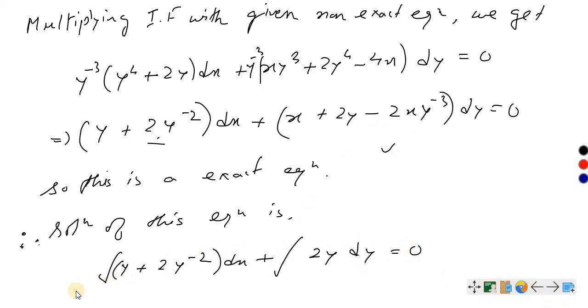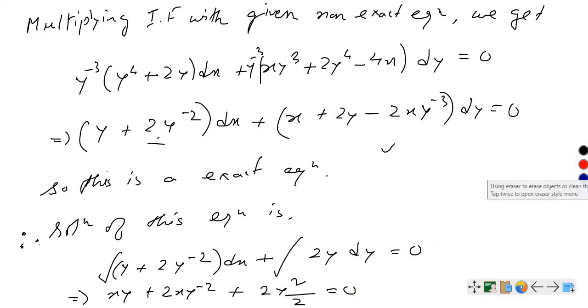So if you simply do it further, you will be getting here xy plus 2xy to the power minus 2, and here you will be getting 2y square by 2 is equals to 0. So again I'm making the same mistake. This will not be 0, okay? This will be some constant c.